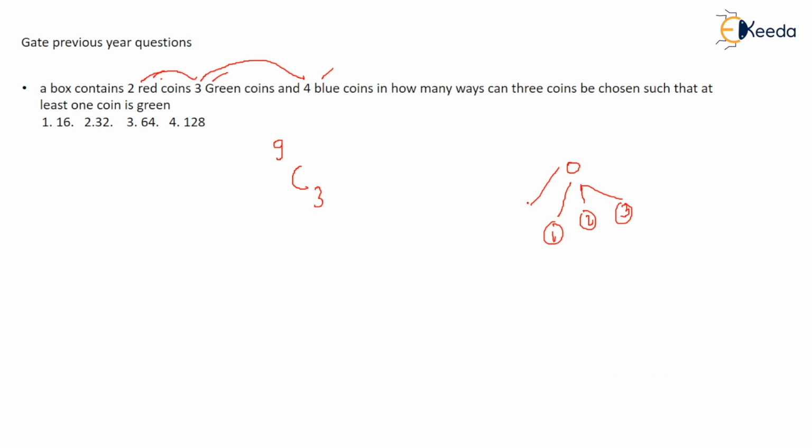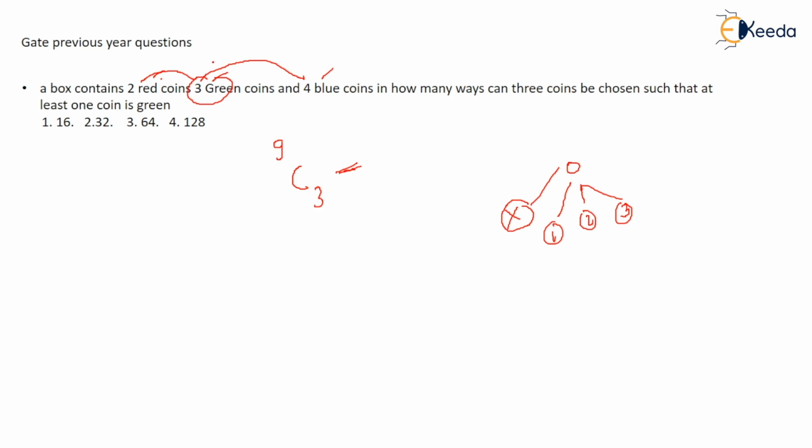But I can find this number if I separate from the total those choices which are not green at all, which are all other colors. So if I separate those which are not green, I will get the number with one, two or three greens.